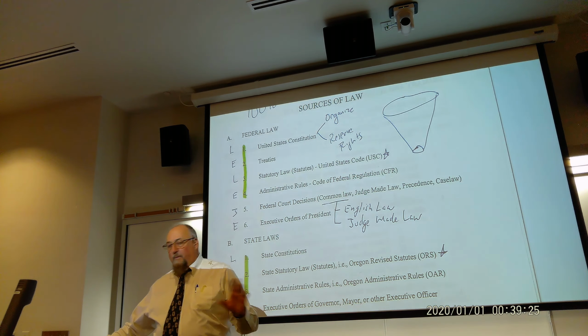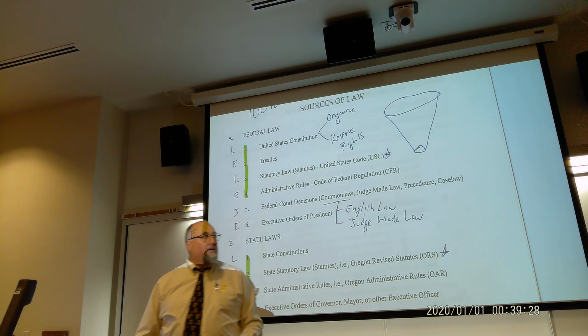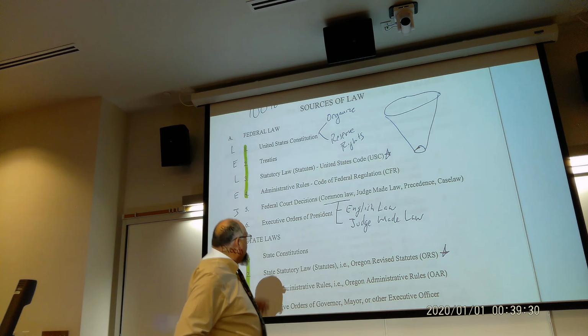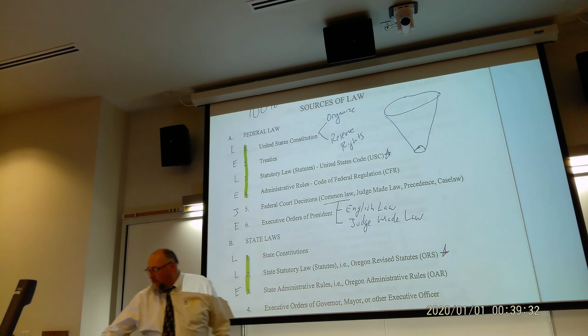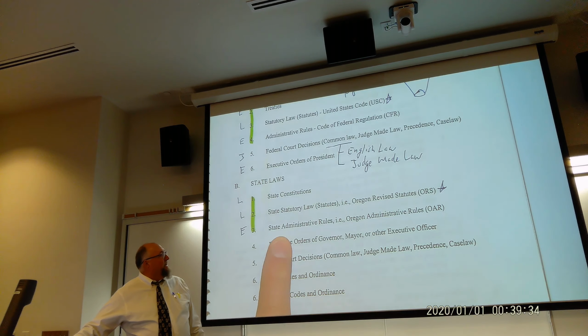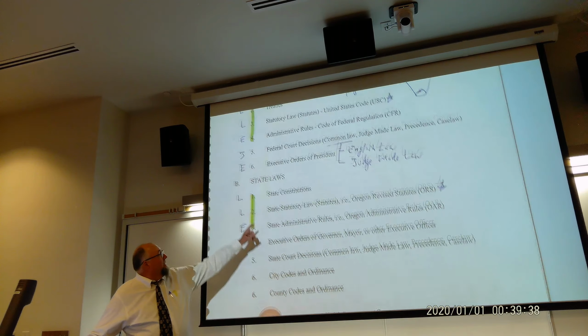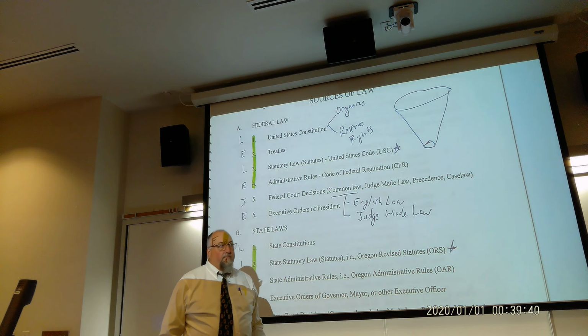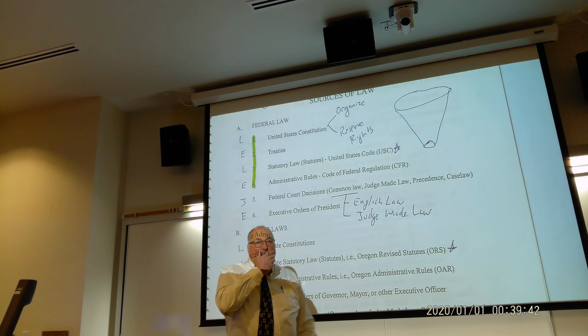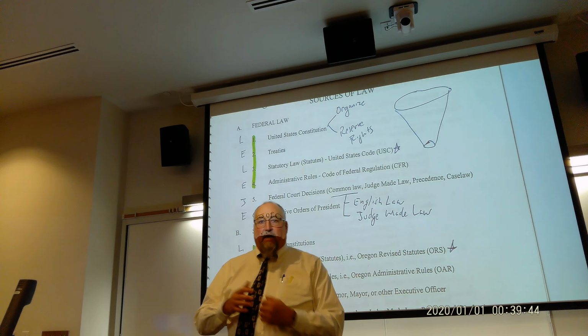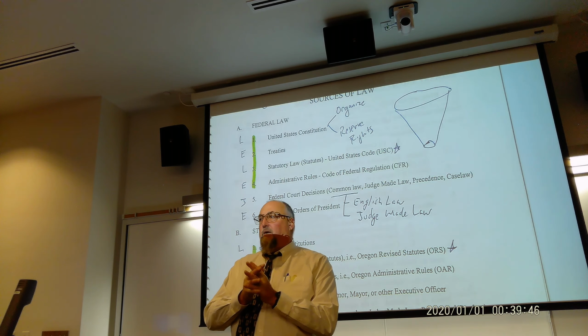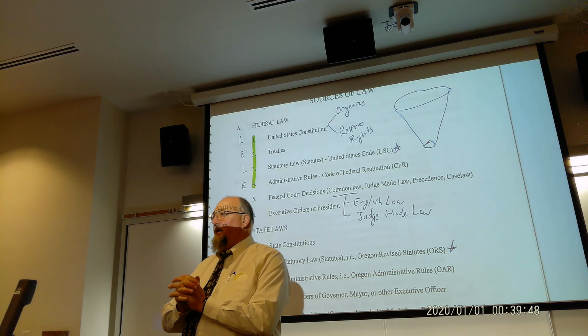And then finally, before we break for today, I just want to talk real quick about executive orders. And we also have judge-made law at the state level, and again, I'll get into that more next class session. Executive orders, number 6 on our list. So, an executive order, just real quickly, I'm not going to spend a lot of time on executive orders in this class.